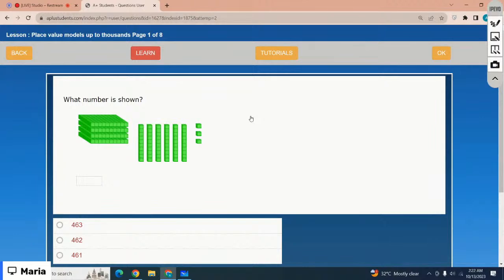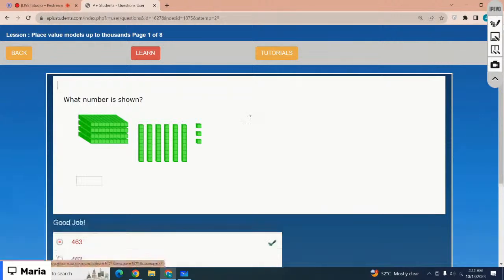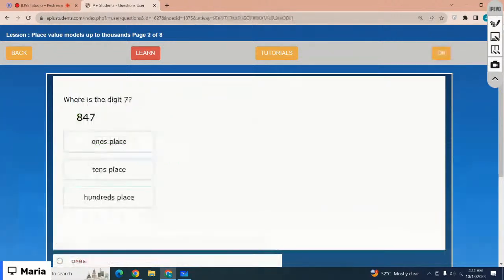Yes, they represent 463, right? You can see you have three ones, 1, 2, 3, 4, 5, 6 tens, and 4 hundreds, that represents 463. Got it? Okay, the next one is: where is the digit 7? Ones place, tens place, hundreds place. Basically, you need to see the place value of the digit 7. 7 is the rightmost digit, right?